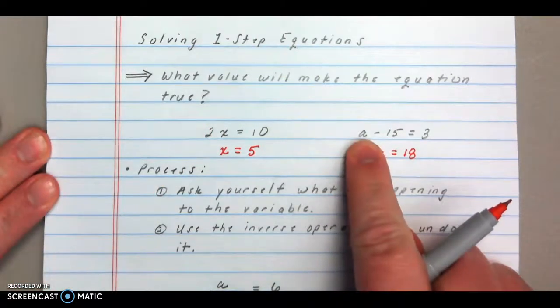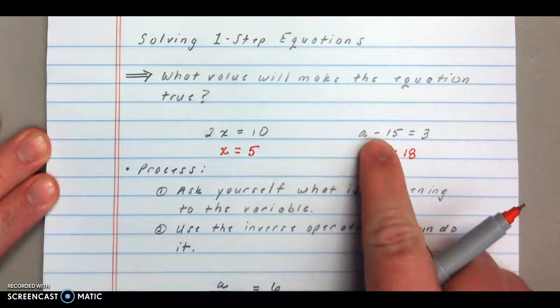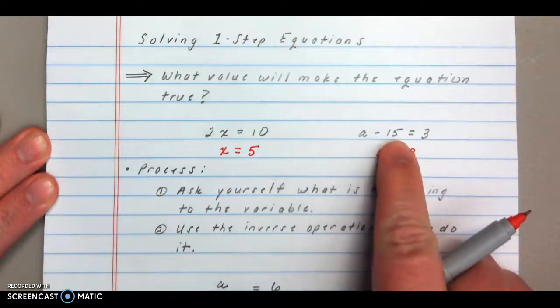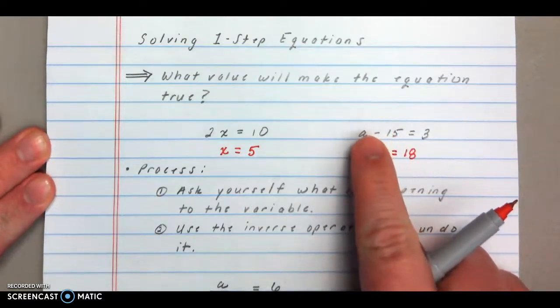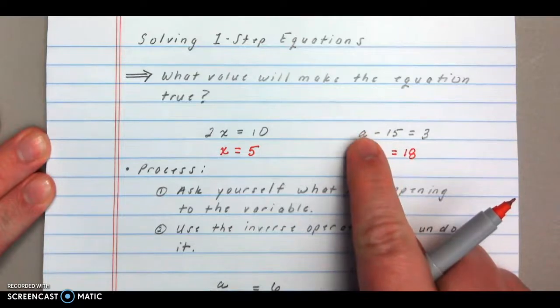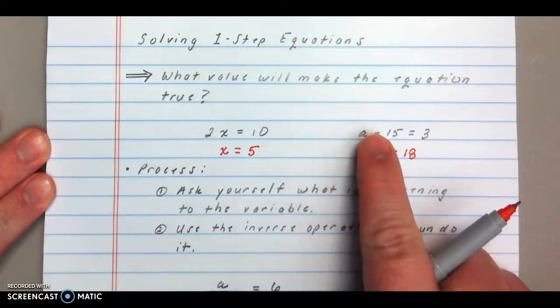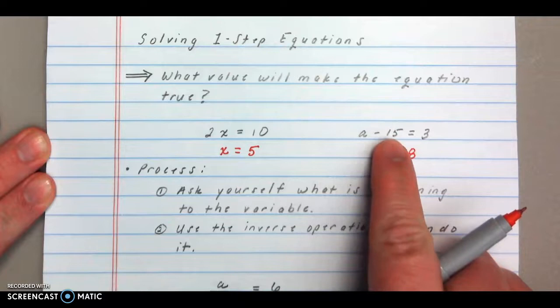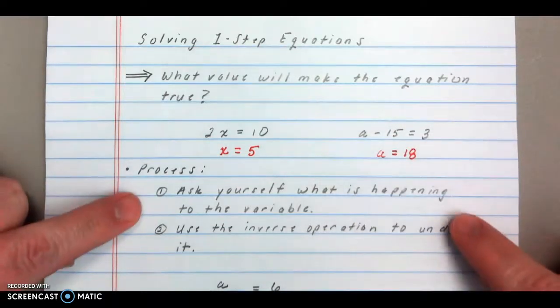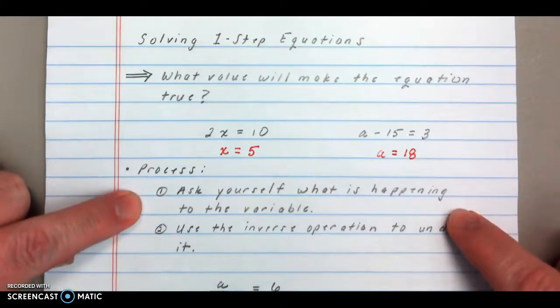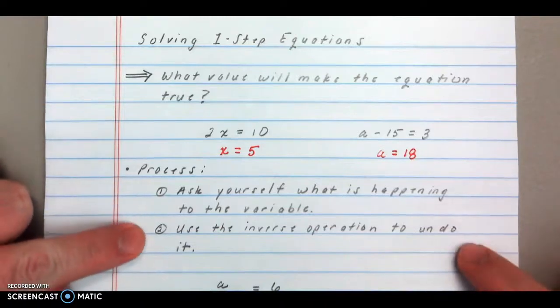Over here, the variable a was being subtracted by 15. So we want to think of it like an action that's occurring to the variable. Once we ask ourselves what's happening to the variable, then we can use the inverse operation to undo that action.